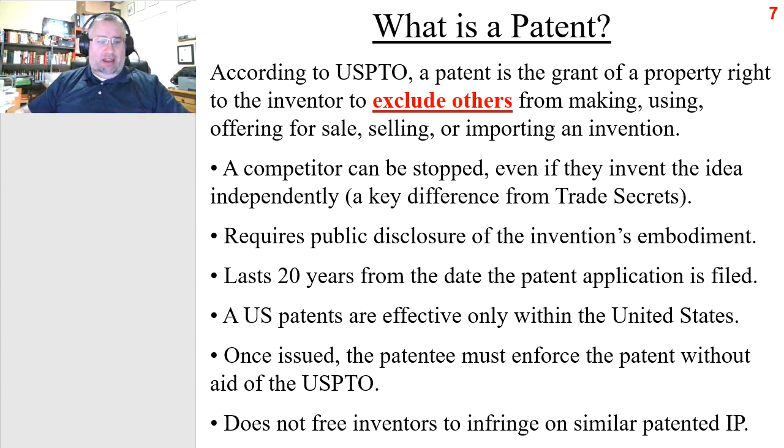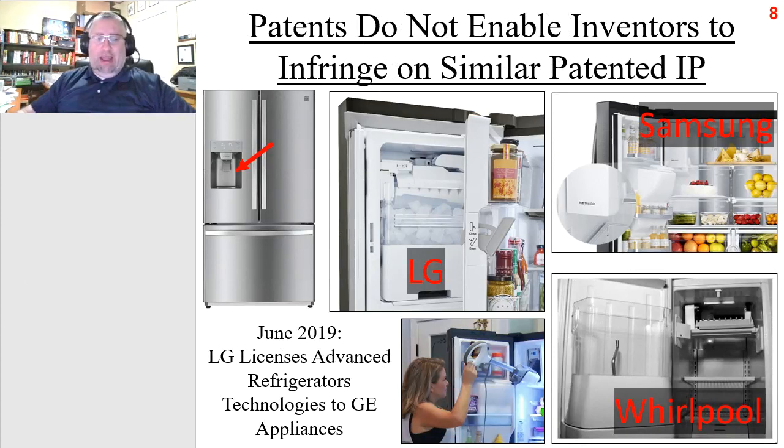And there's kind of a funny example of this idea that patents do not enable inventors to infringe on similar patented intellectual property in the world of refrigerators, and in particular French door style refrigerators that have a built-in ice machine in the door. This technology has been a thorn in the side of the refrigerator industry ever since it was created.